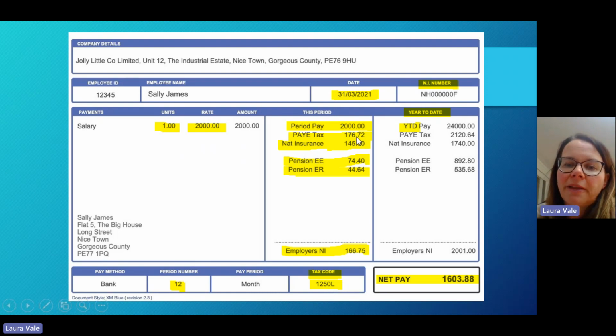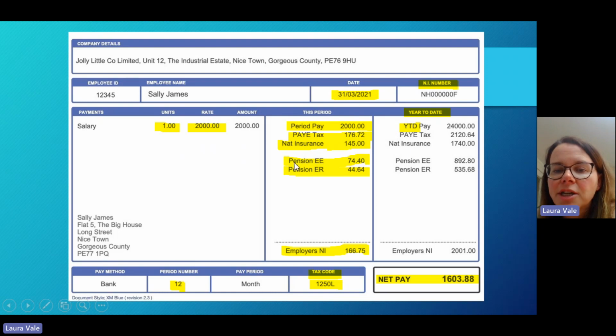We don't need to worry too much about the calculations. They've worked out that she needs to pay £176.72 of tax, £145 of national insurance. So if we do a quick calculation, 2,000 minus both of these deductions, so there's no further deductions here. Oh no, sorry, I tell a lie.